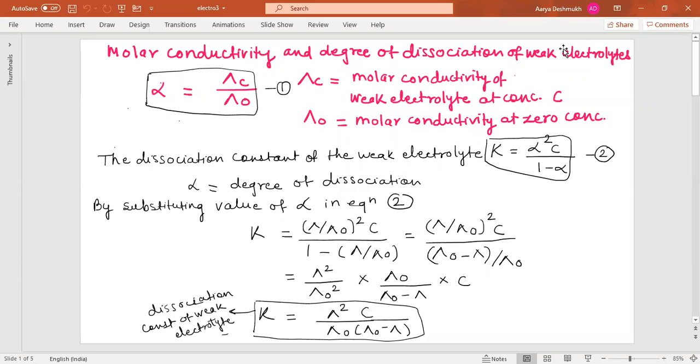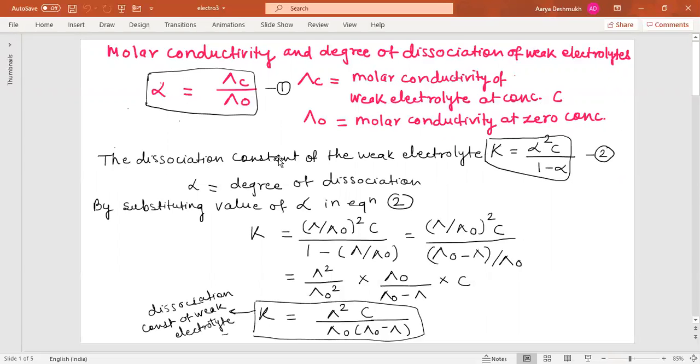The degree of dissociation, denoted by alpha, of a weak electrolyte is related to its molar conductivity at a given concentration C by this equation: alpha equals lambda C divided by lambda 0, where lambda C is the molar conductivity of the weak electrolyte at concentration C, and lambda 0 is the molar conductivity at zero concentration or at infinite dilution.